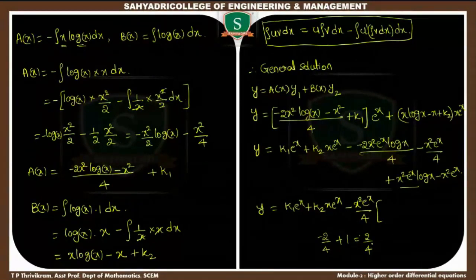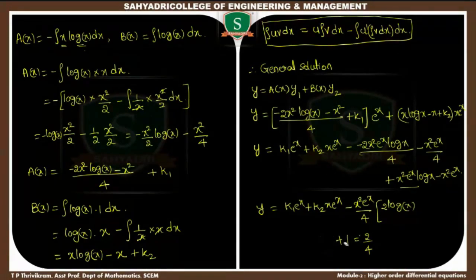Two by 4, right? So that's why you'll get 2 log x. Okay. Similarly, here x square e power x by 4 is there. So minus 1 by 4. Here this minus of minus will get plus.